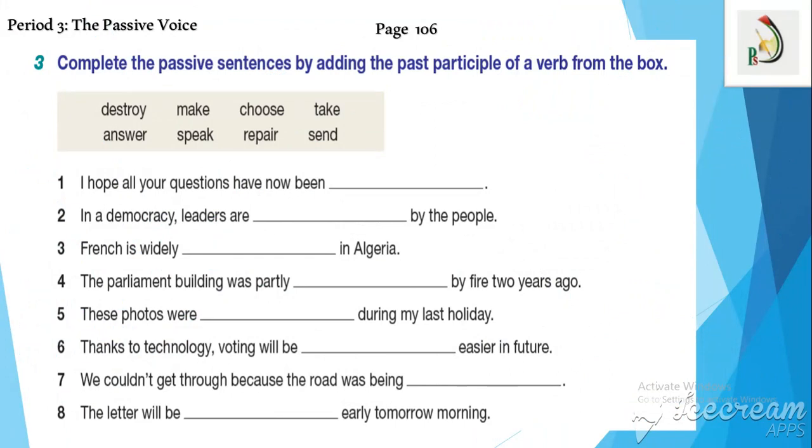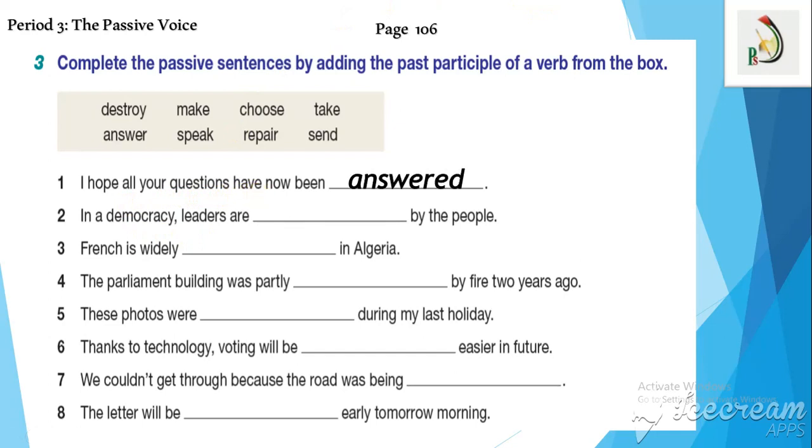Complete the passive sentences by adding the past participle of a verb from the box: destroy, make, choose, take, answer, speak, repair, send. You just have to make them past participle and then add them in the blanks from 1 to 8. Number 1: I hope all your questions have now been answered.